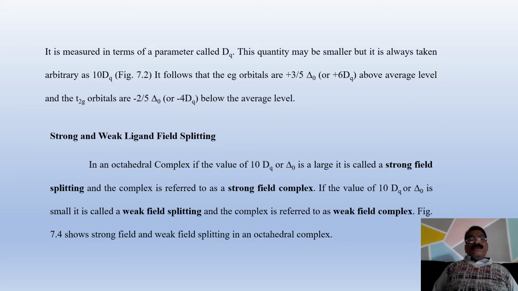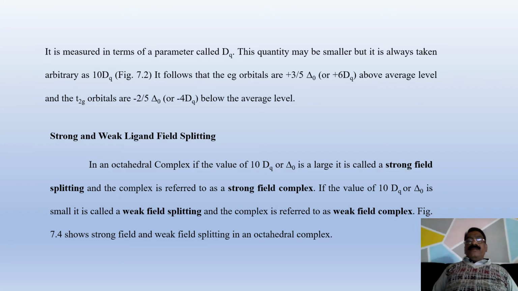Strong and weak ligand field splittings. In an octahedral complex, if the value of 10 Dq or delta O is large, it is called strong field splitting, and the complex is referred to as a strong field complex.